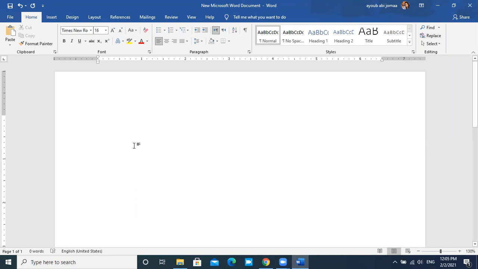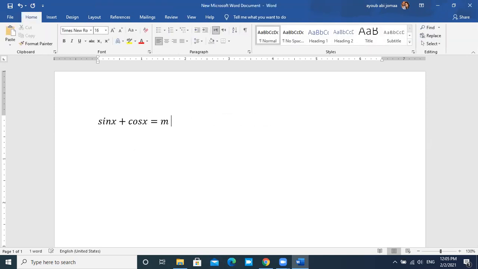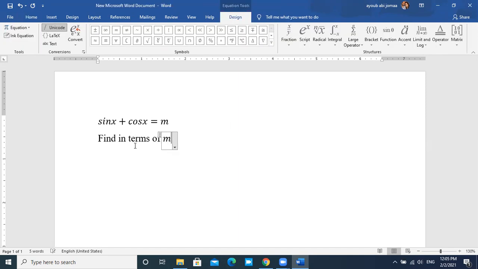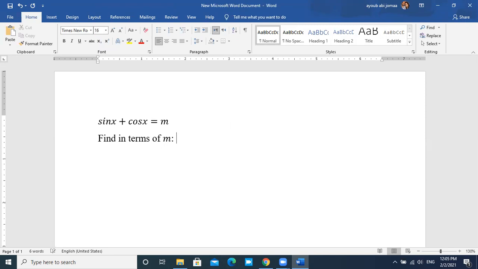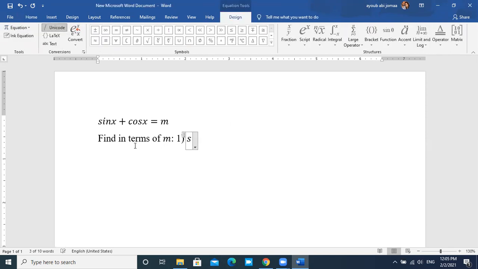So we have, given sin x plus cosine x is equal to some number m. The question: find in terms of m the following. Part 1, sin x cosine x.